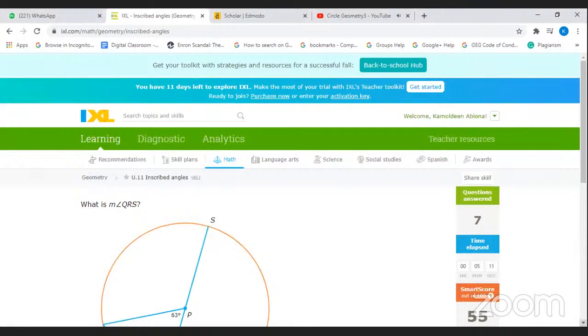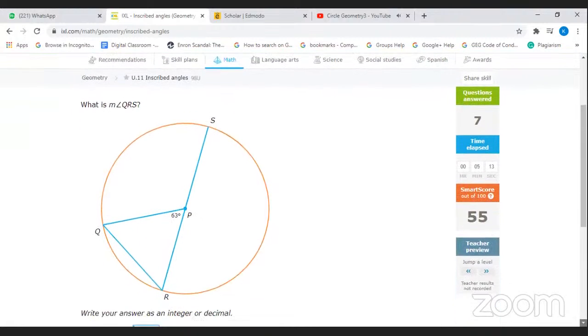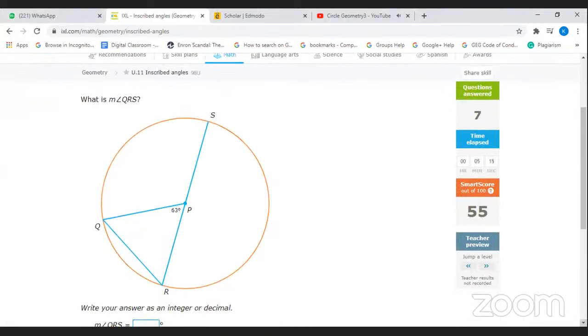So here we want to find QRS. So you can use the same manner, the same thing we did. Find the remaining one that will make it become 180. So in that case, what do we do? Find this place. What will it remain?